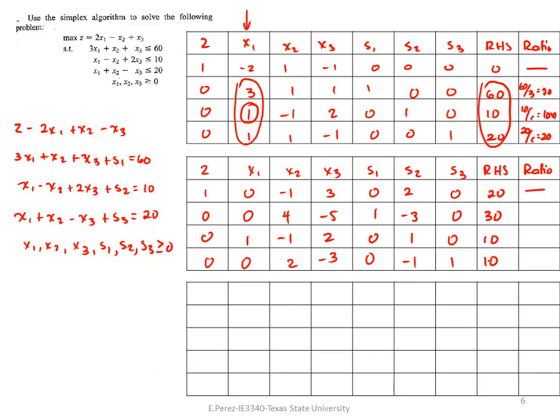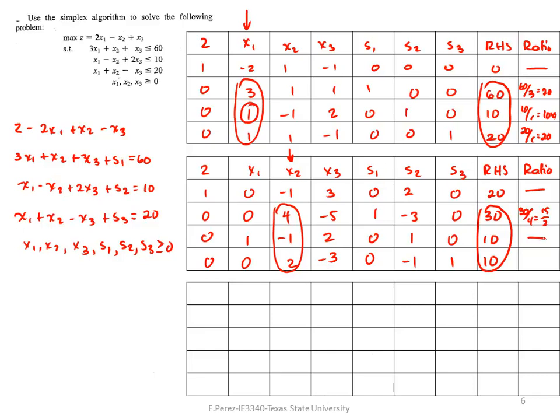So the next variable to enter the basic variables is x2 because it's the only variable that has a negative coefficient on row 0. So this x2 will enter the basic. Now we need to find out which row we're going to use. So we look at the ratio again. So we have 30 over 4, that's 15 over 2.